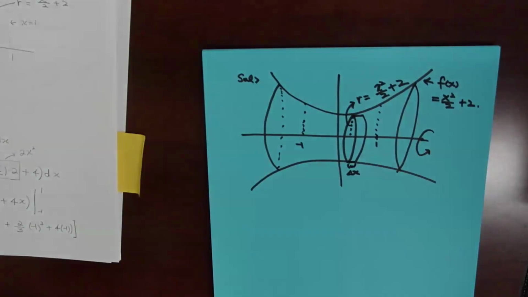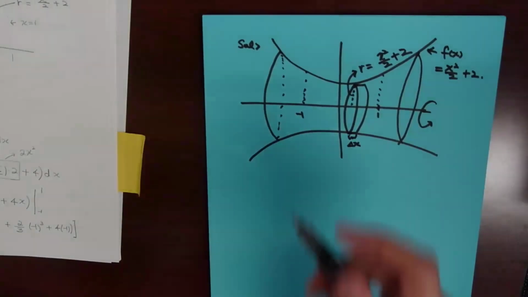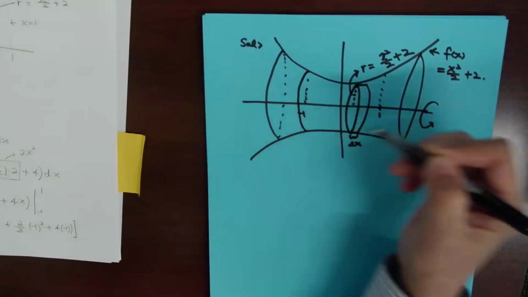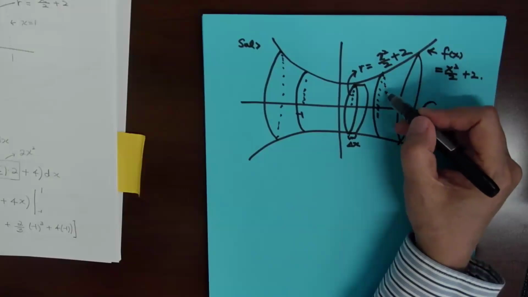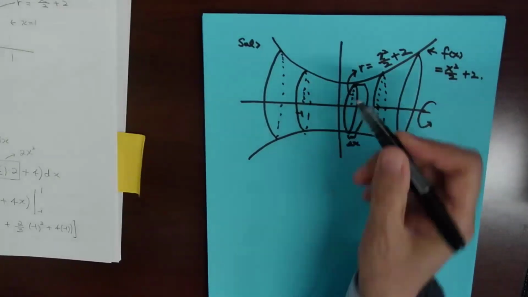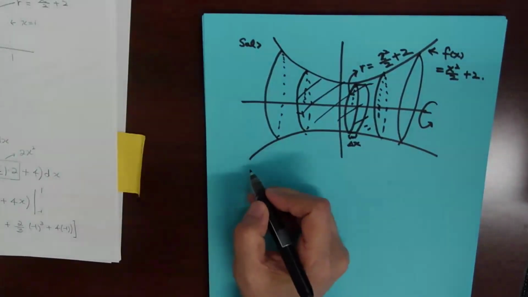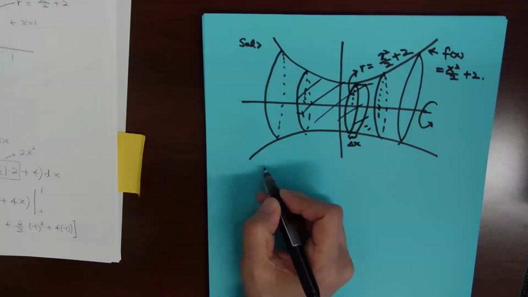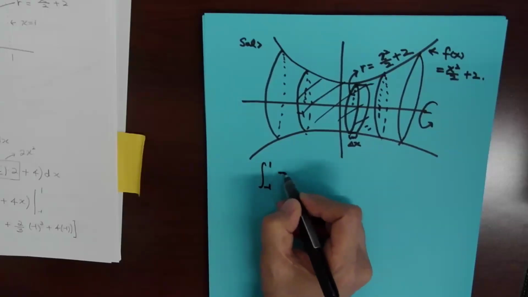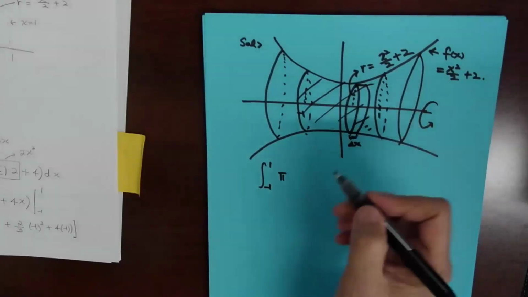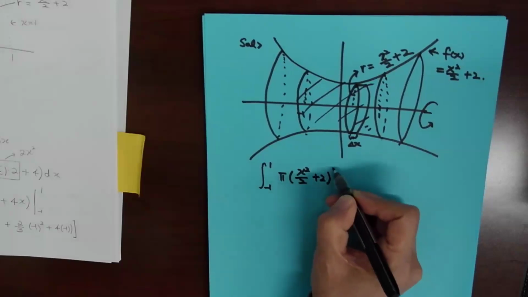And when we integrate, that will become dx. And what we are thinking about is from here to here, indeed. We think about this part of the object. So we have to think about integration from -1 to 1 of r squared, so this area, x squared over two plus two squared dx.